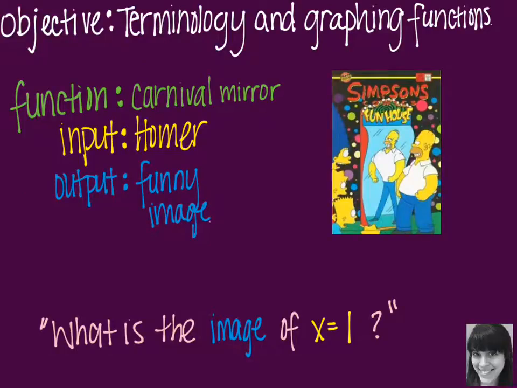Let's look at this picture. It's The Simpsons. It's pretty cool. So what you have is the carnival mirror. That is the function. It has an input and it has an output. In this case, the input is Homer, and the output is a funny image of Homer, right? The reason I did this function is because your output in the text is also referred to as the image.